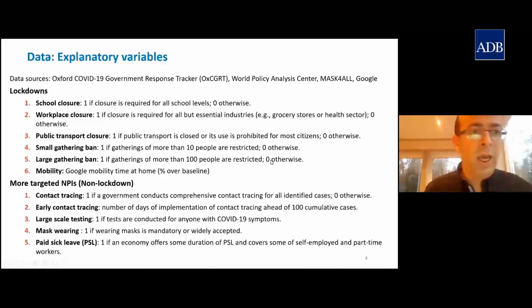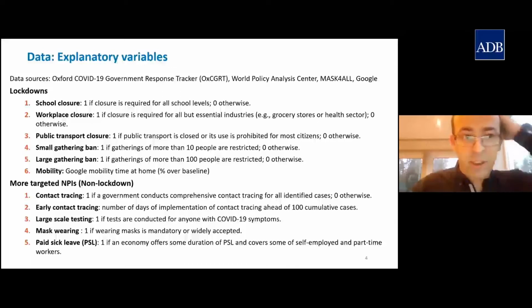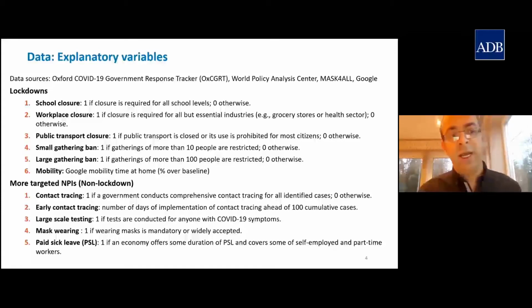Yes, okay. So within this regression, what we use as explanatory variables are variables that relate to policy measures that we seek to consider. These are daily variables on lockdown type measures such as school closure, workplace closure, public transport closure, gathering bans for different sizes, and Google mobility to capture overall changes in people's time at home versus going out.